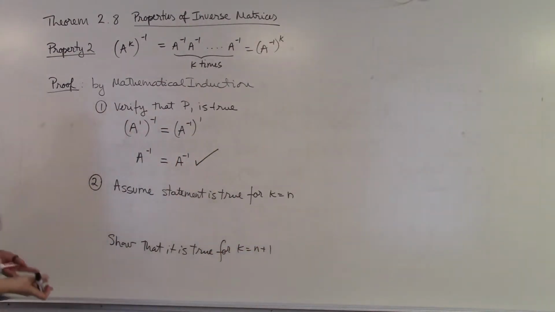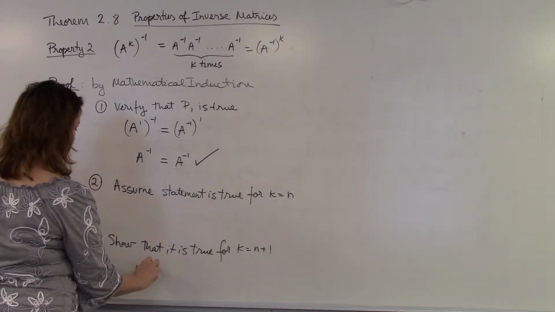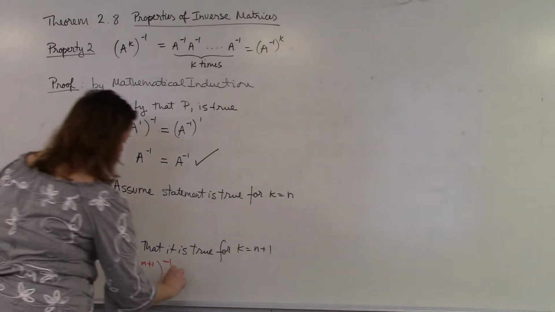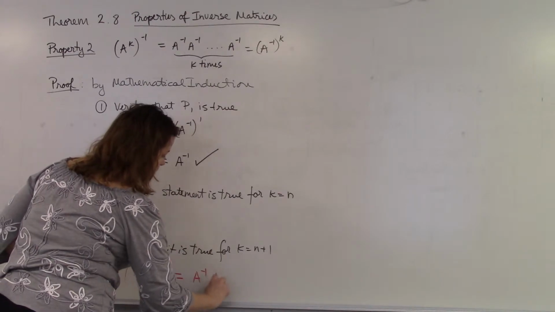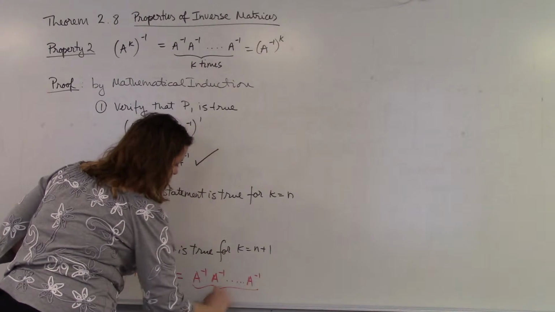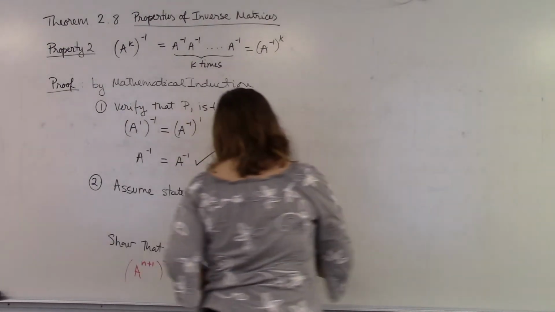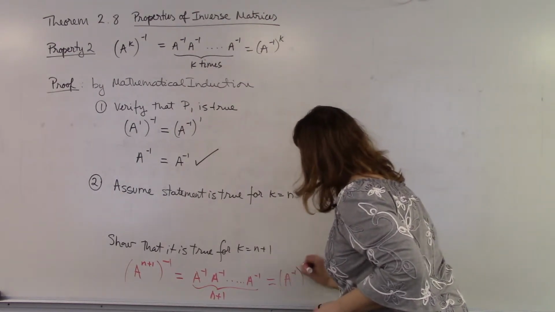What does it mean that the statement is true for k equals n plus 1? That means I have to show that A to the power n plus 1 inverse is equal to A inverse times A inverse, dot dot dot, A inverse, n plus 1 times, which would be the same as A inverse to the power n plus 1.